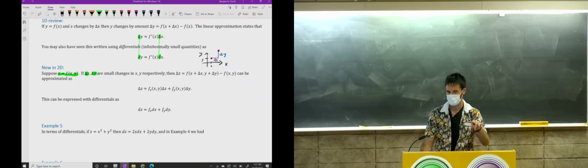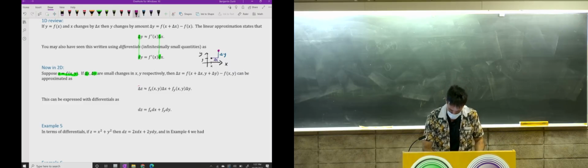A restatement of the linear approximation that I wrote earlier is that the change in z is approximately the partial derivative of f at the point in question times delta x plus the partial derivative of f with respect to y at the point in question times the change in y.